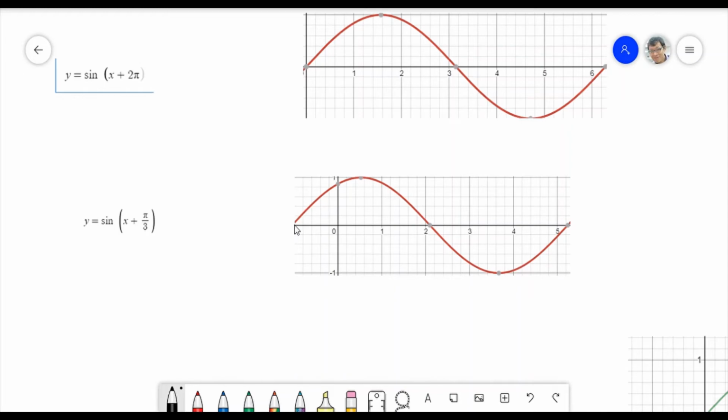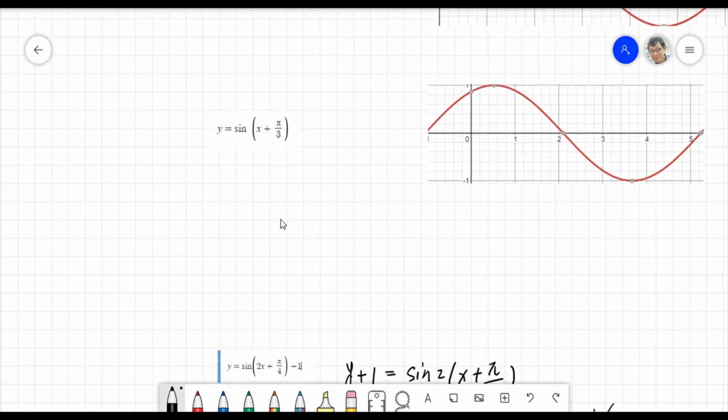Pi over 3 is a little higher than 1, because pi equals 3.14, right? That's exactly here. So that's a fact, because when x equals 0, it is in fact y equals sine pi over 3. It's not sine 0. That's why.